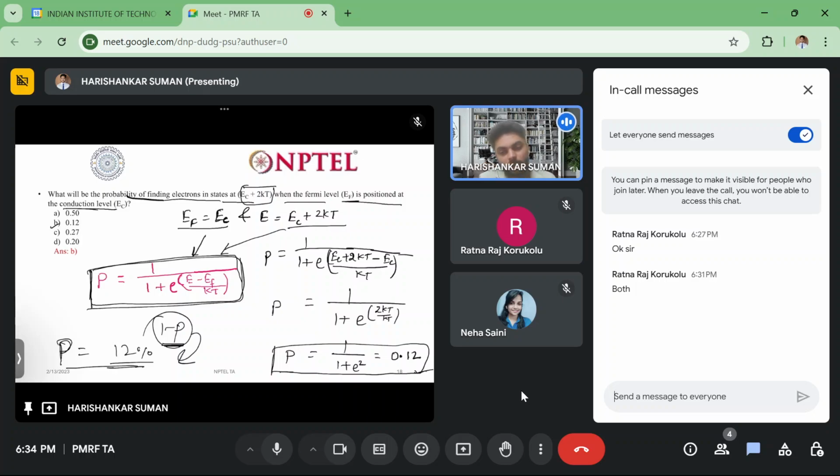Probability should be 1: either find or not find. So what is your answer?